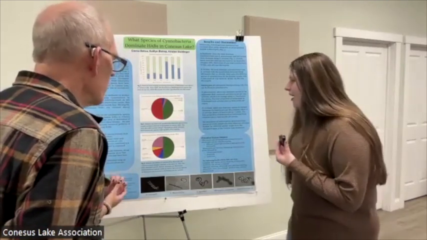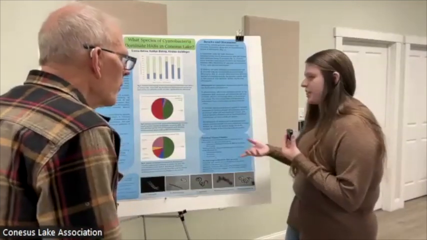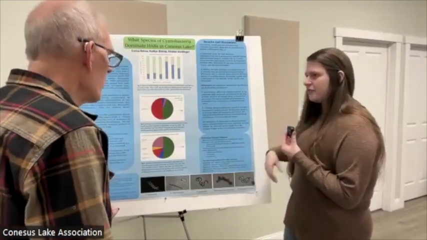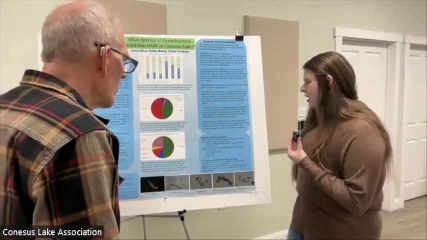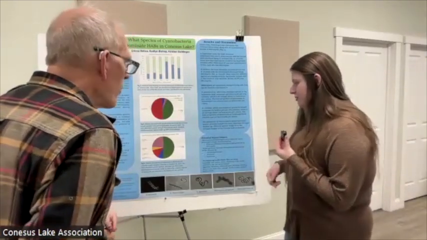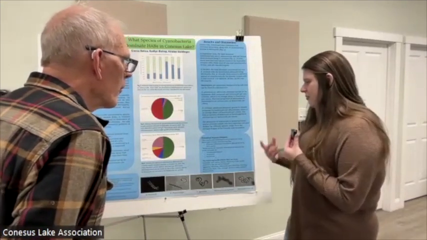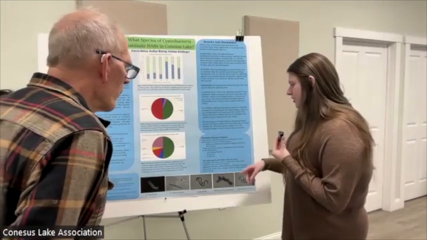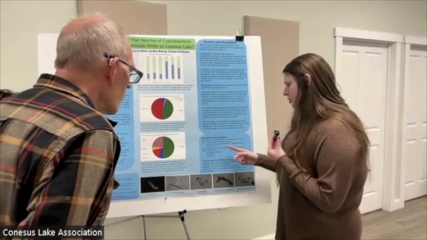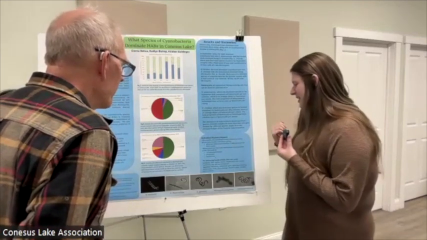Yeah. And then we also wanted to talk about the potential human impacts that the cyanobacteria have. So microcystis and dolichospermum both produce the toxin microcystin and anatoxin A group. And then microcystis also produces cylindrospermopsin, which is unique to microcystis.